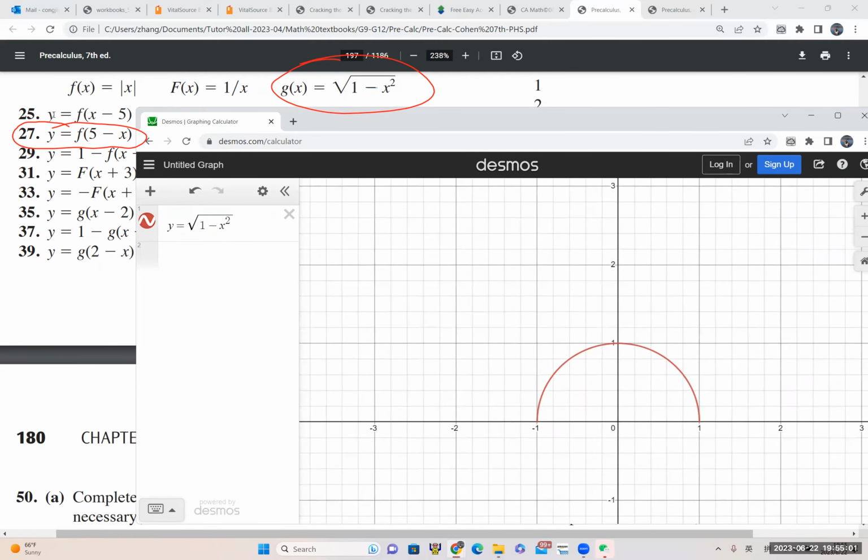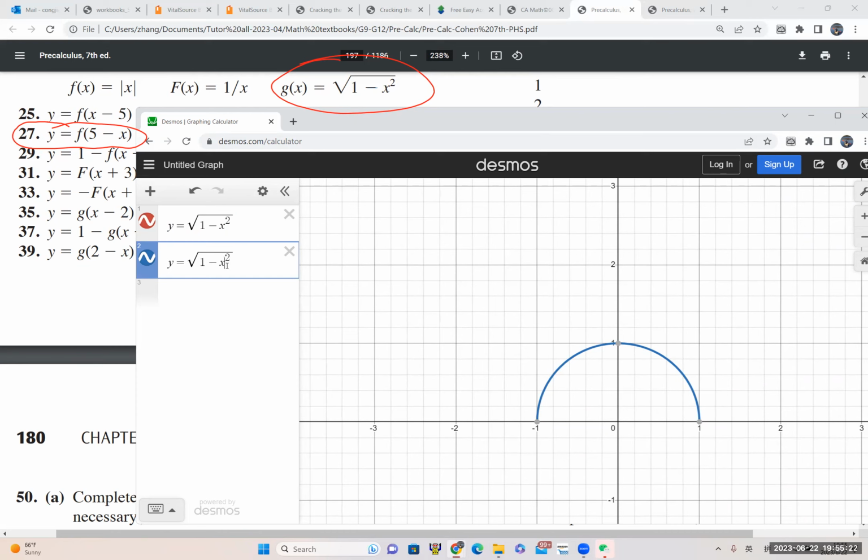Then how do we know this function? You say I just copied it, right? But suppose x is replaced by 5 minus x, right? Then it's the function in problem 27.